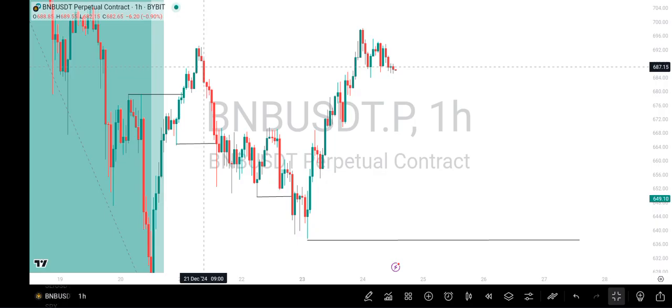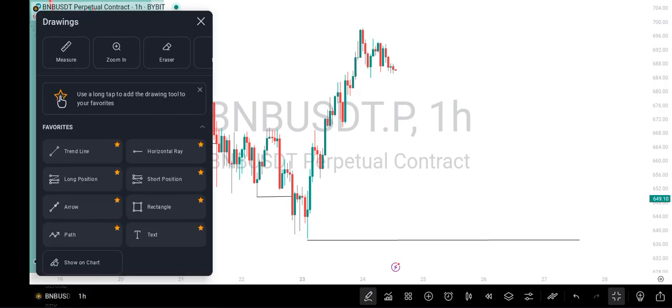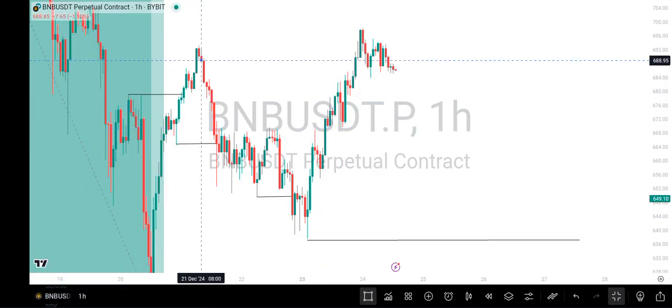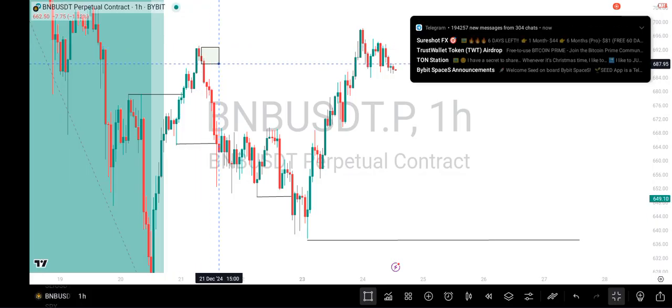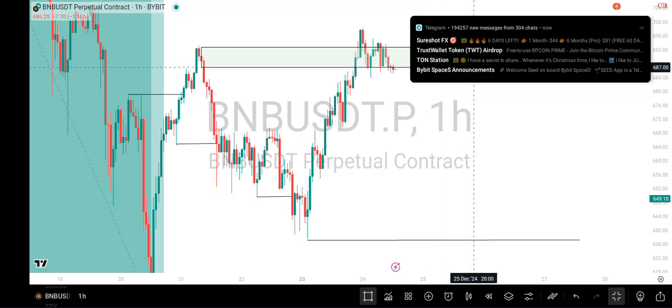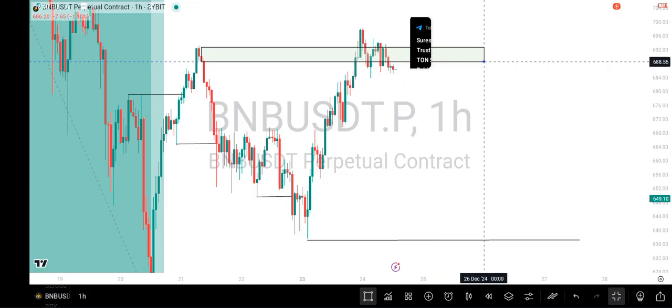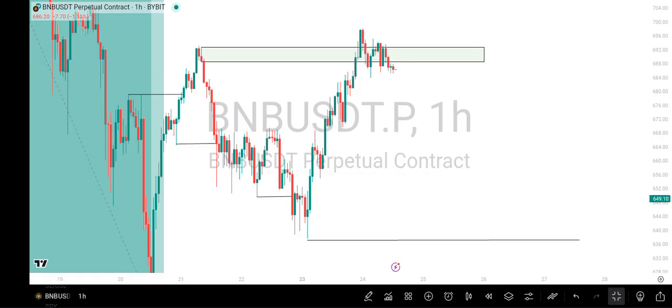So what you have to do is use your rectangle to mark the highest and lowest point of that candle as your bearish order block.